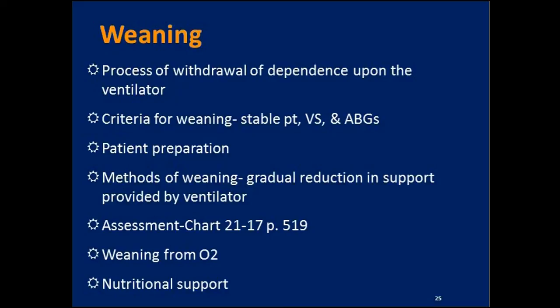We've got to have a stable patient, stable vital signs, and normal or near normal ABGs. Our goal when we are weaning the patient is to have that arterial oxygen level between 70 and 100, even when they're on room air. That's really where we want them to be because that's where normal people live. So our goal for weaning is to have an arterial oxygen level between 70 and 100.